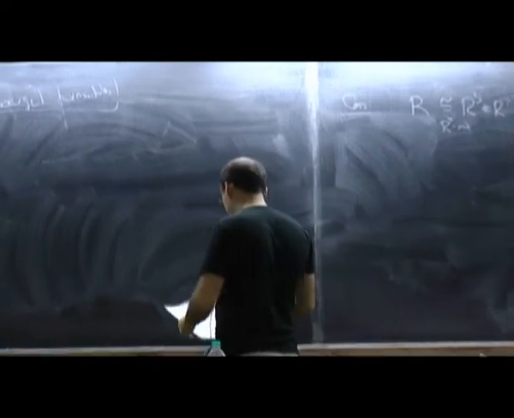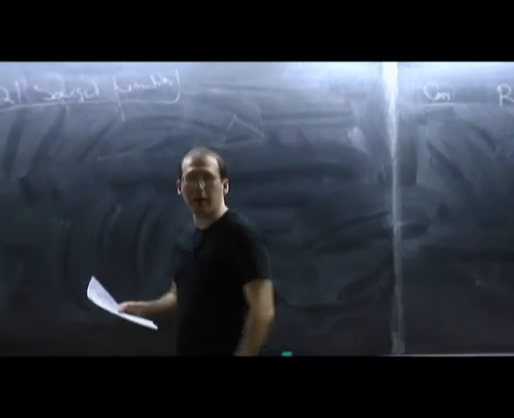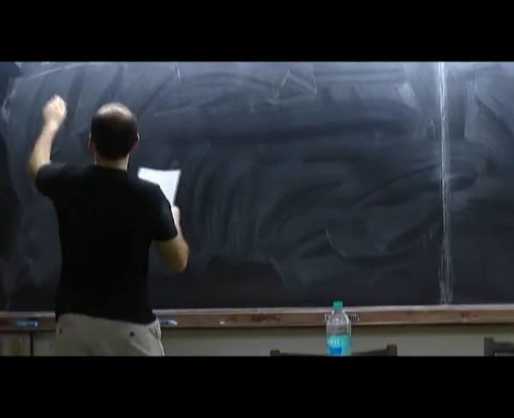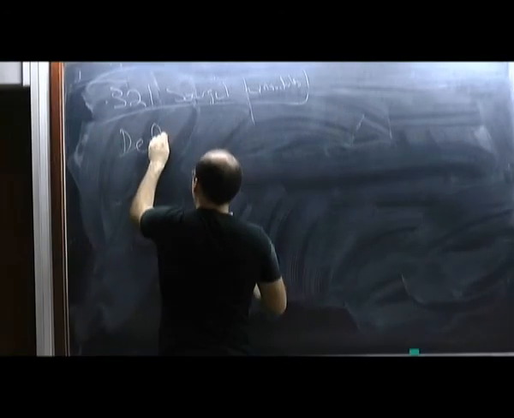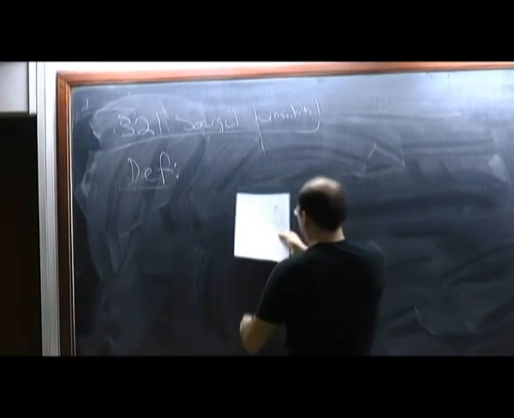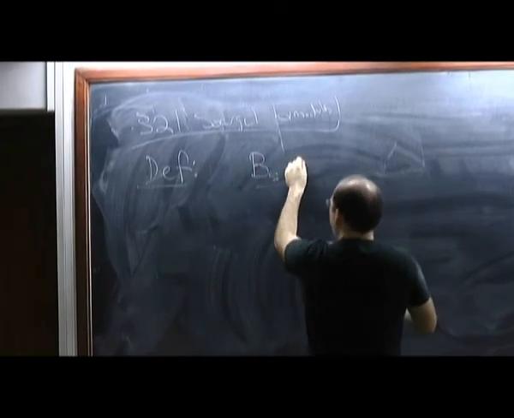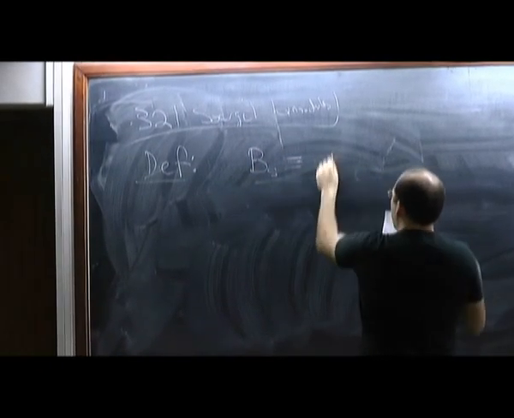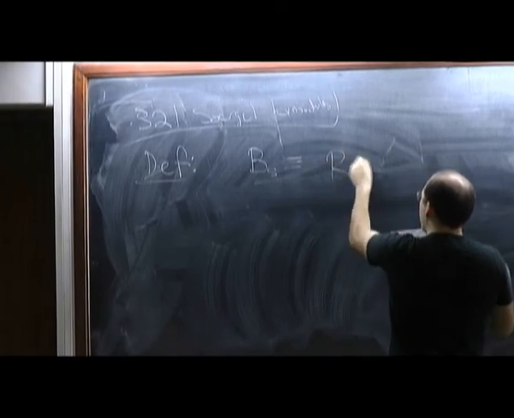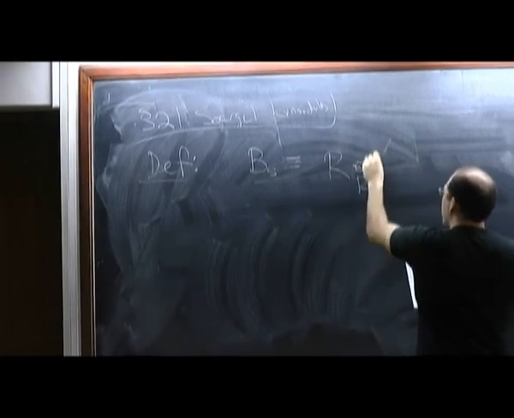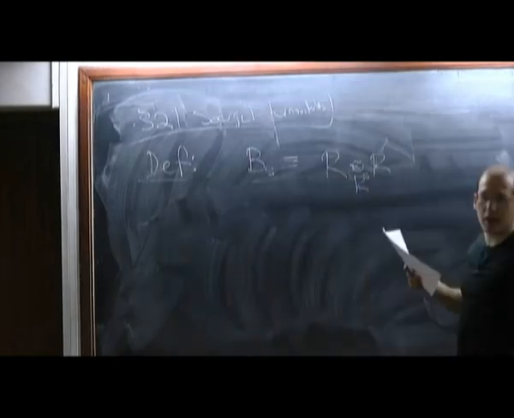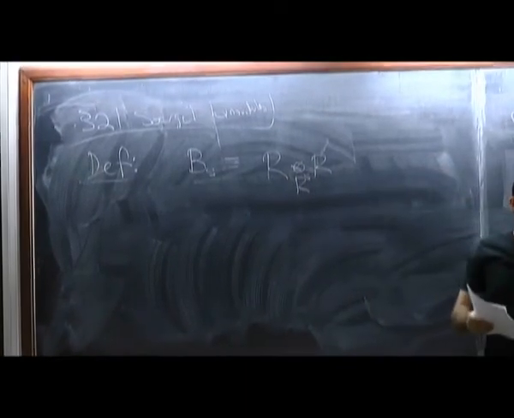All right. So, Soergel bimodules. I'm going to start by defining my favorite bimodule. Here it is. BS is going to be R tensored over RS with R, viewed as an R bimodule.